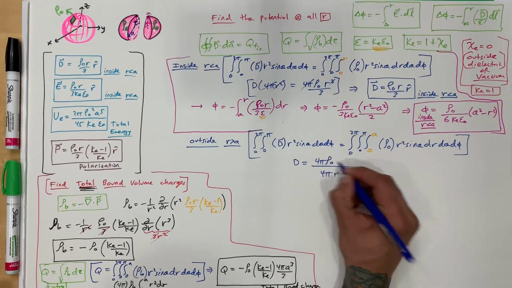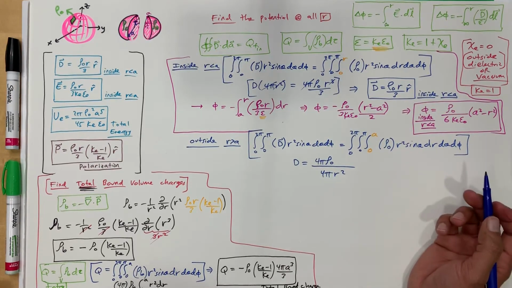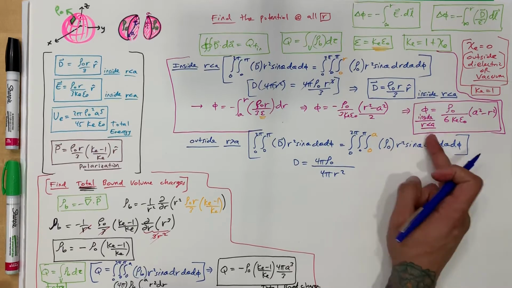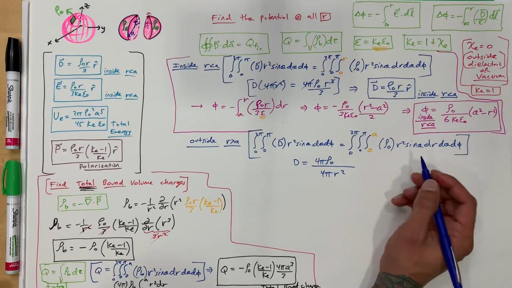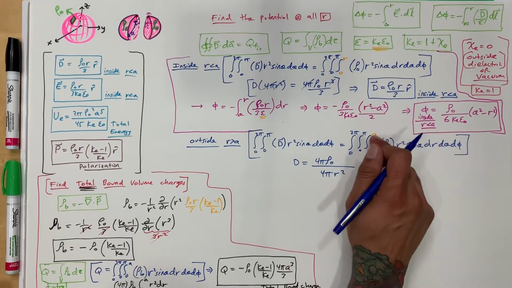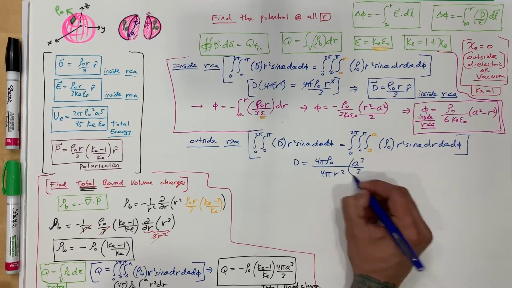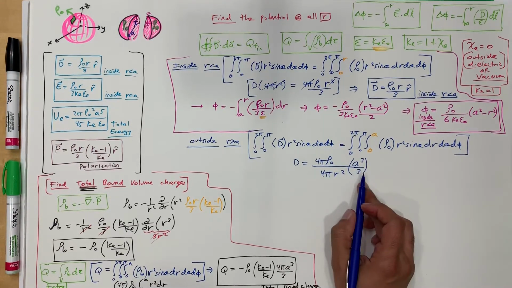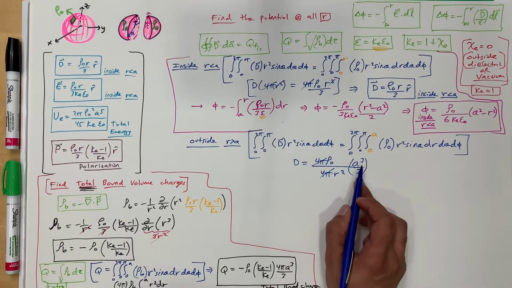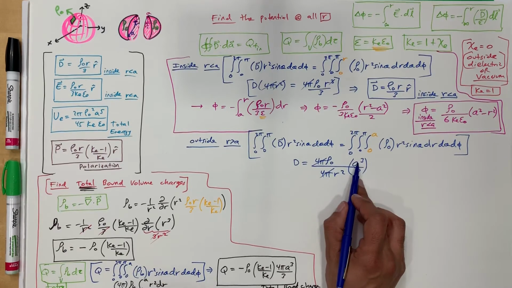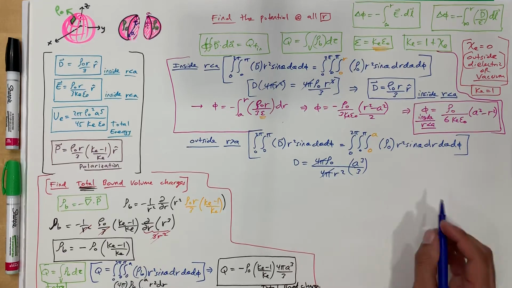We're going to have rho naught, and then from the integral we're going to have r squared, so we're going to get r to the third over 3, and we'll replace it with a. So we're going to have a to the third over 3. All right, and these cancel out, and nothing else cancels out, because now it's a ratio of the outside shell to some distance r outside.